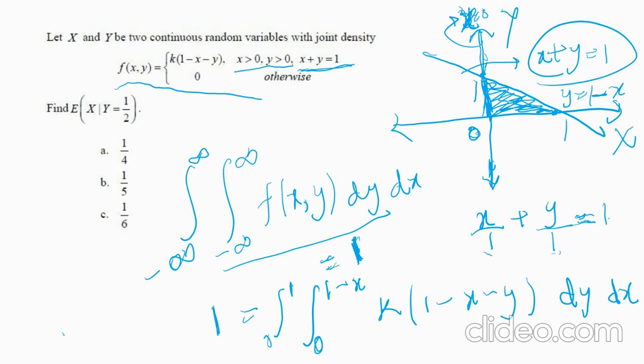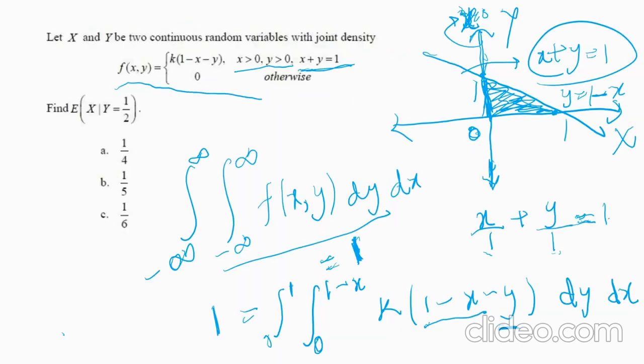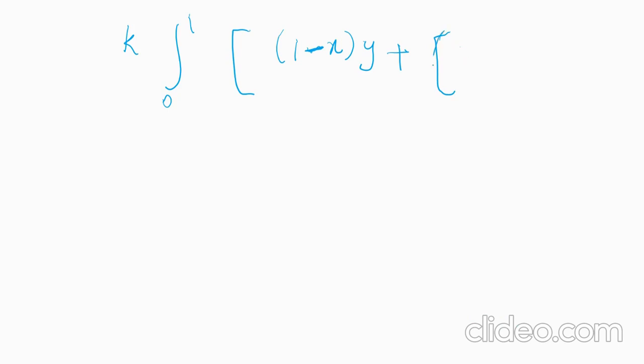So now we will move to the questions. What is given here is that x and y are two continuous random variables with joint PDF fxy equal to k(1 minus x minus y), where x is greater than 0, y is greater than 0, and x plus y is less than or equal to 1.